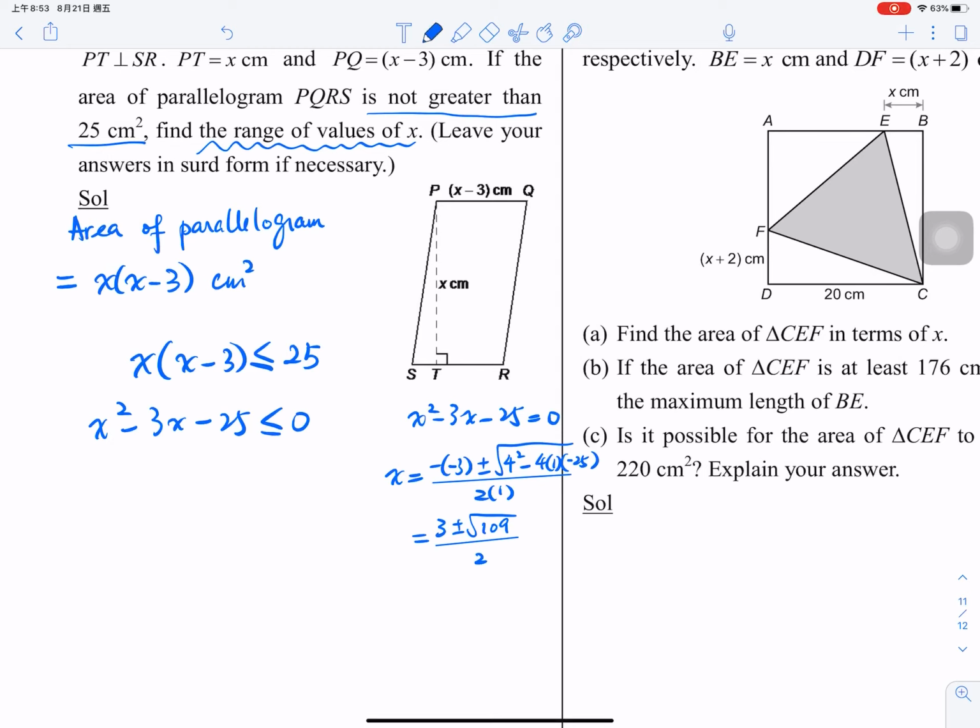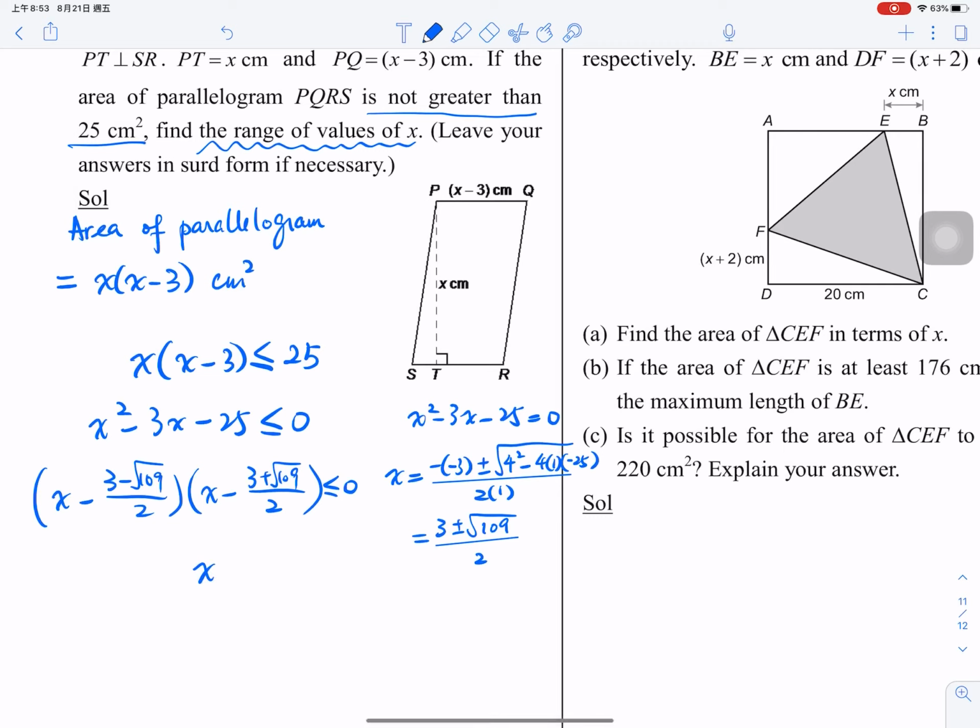And you know 3 minus is the smallest one, right? So write down here like this: x minus (3 minus square root of 109 over 2) times x minus (3 plus square root of 109 over 2), all together smaller than or equal to 0.